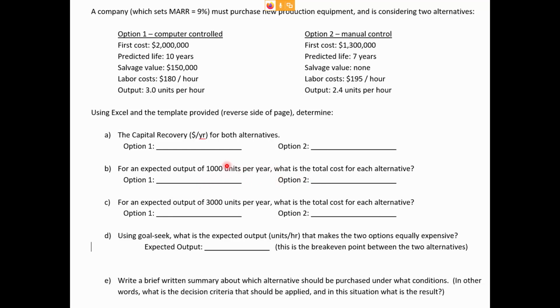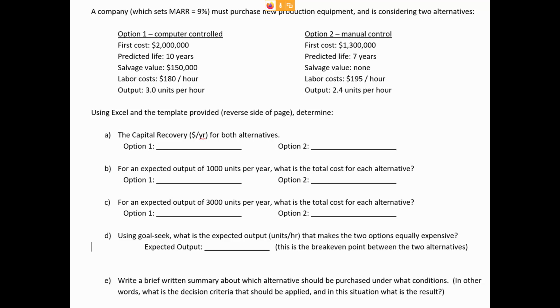In the case of lower production, it's better for us to buy this manually controlled alternative because its upfront cost is so much lower. But if you're going to make 3,000 units per year, the balance may shift. It may turn out that option 1 is less expensive.